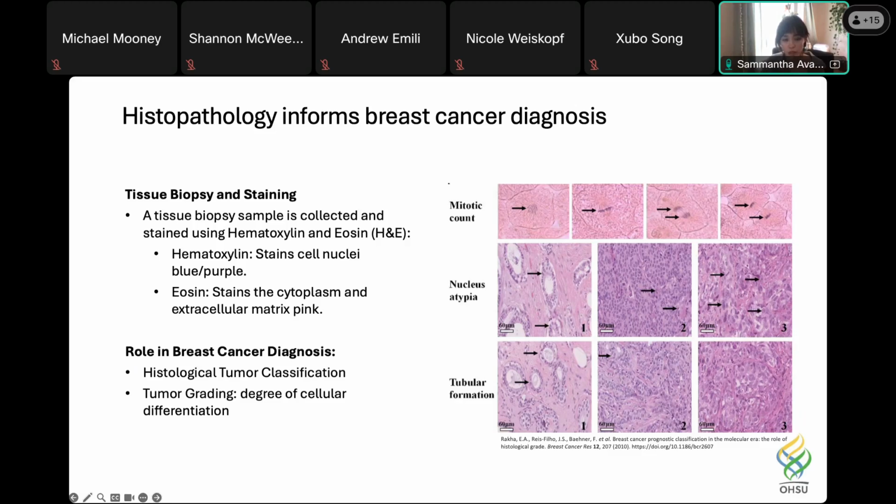If we look at our image to the right, we can see how tubular formation actually decreases with increase of grade. This means that the presence of more tubular structures is more indicative of normal breast tissue. Whereas mitotic count and nuclear pleomorphism do increase with tumor grade.